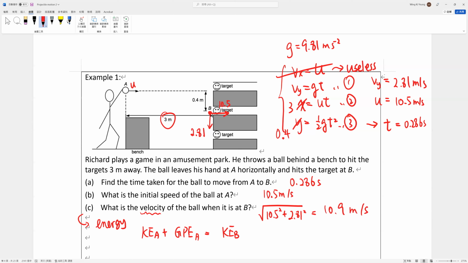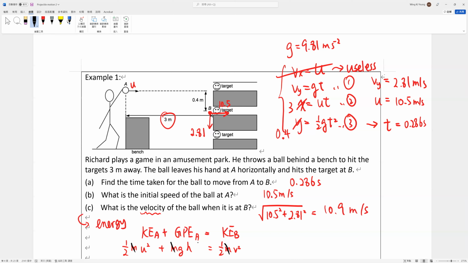Although you don't know the mass of the ball, it doesn't matter because you can cancel the m in the formula. Then you solve for v.